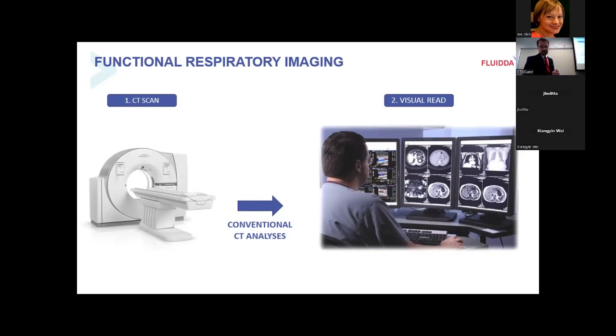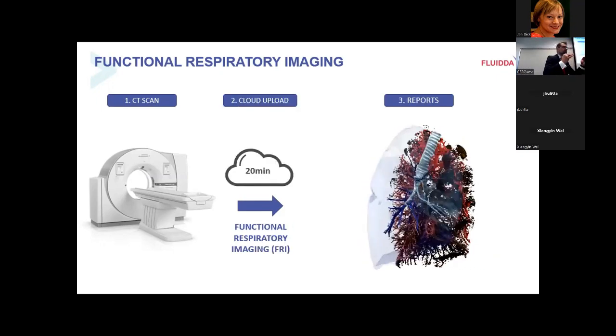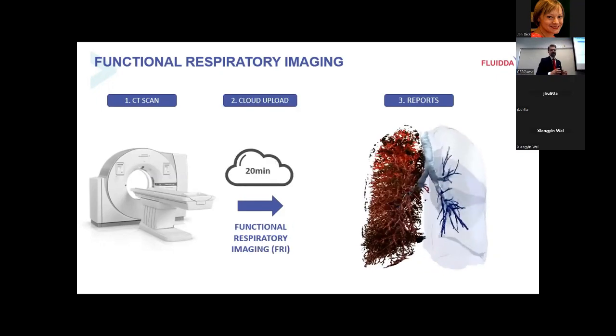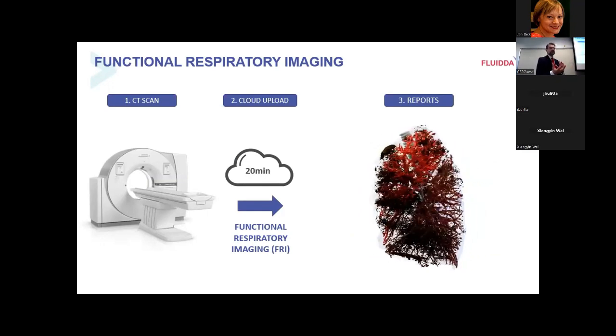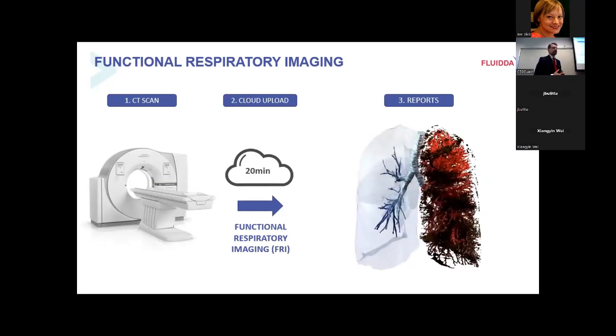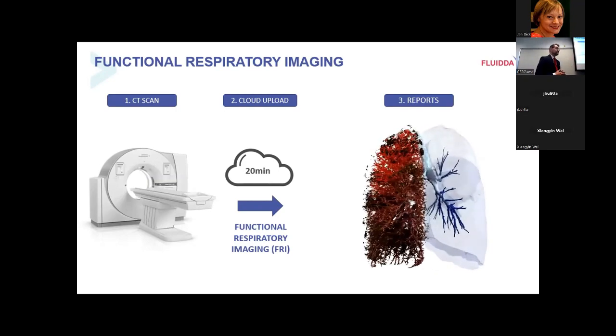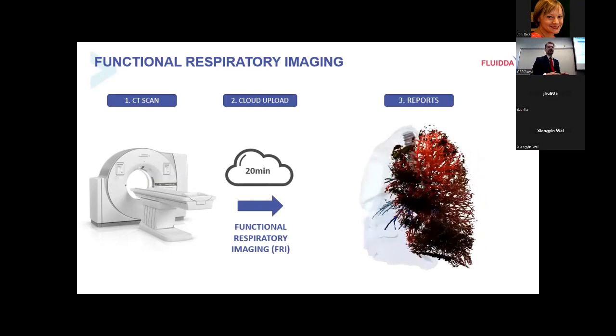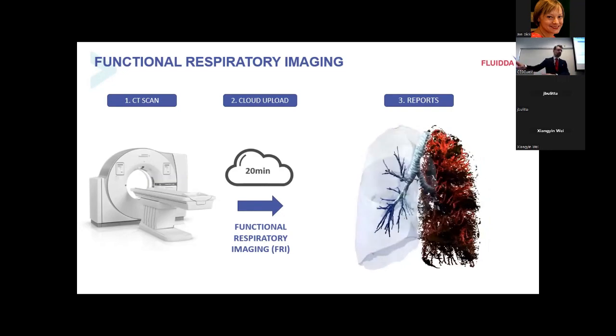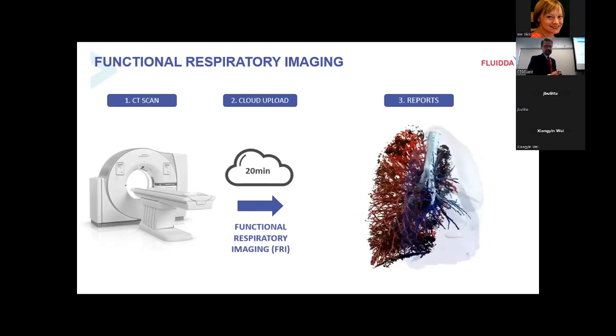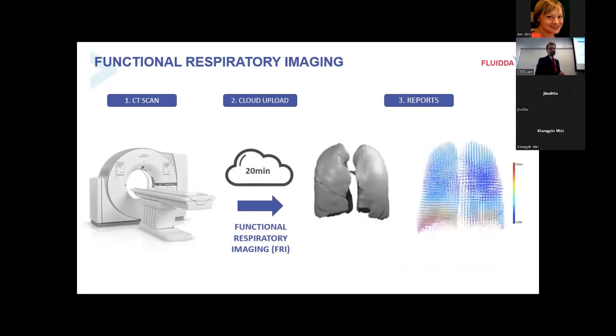So what FRI tries to do is we convert these 2D CT slices into 3D reconstructions of the anatomical structures. So we look at airways, we look at blood vessels, lung volumes, lobe volumes. So you visualize it, but you also quantify it. And you keep the numbers, you don't throw them away after a few months. If you have inspiratory, expiratory scans, we can make static images come to life.